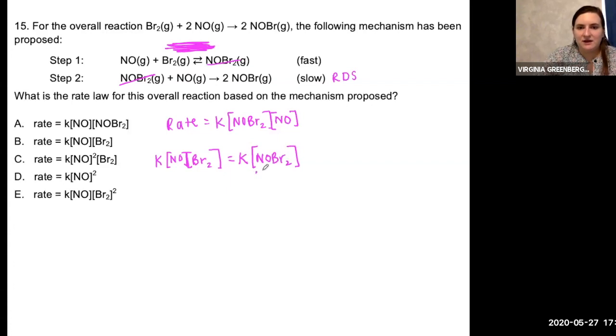And now I have a connection to that intermediate that I need to get rid of. So really I'm going to solve for NOBr2 by just dividing this k over here. Though we really don't need to keep track of the k's very much in Chem 112. Then now we can take this whole term and plug it in for NOBr2.